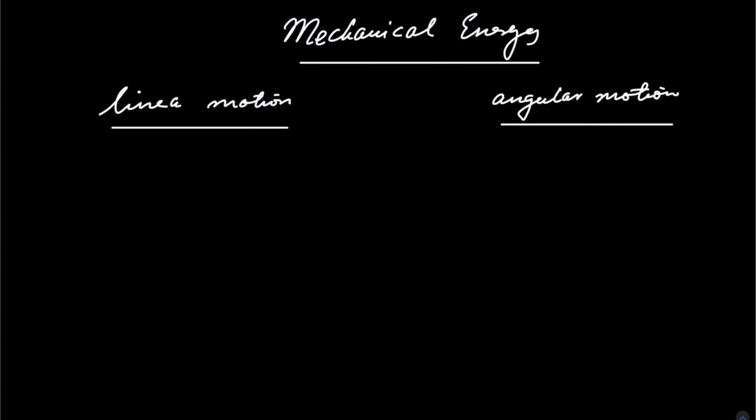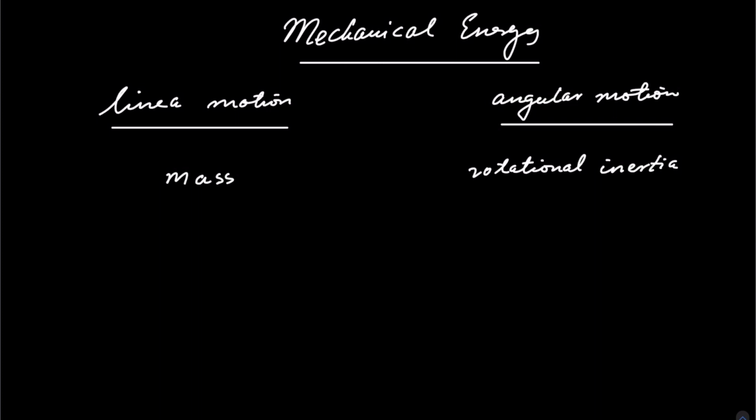Before we delve into more details about this, I just want to give you a quick note: you need to remember that the mass equivalence in rotational motion is what we refer to as the rotational inertia.